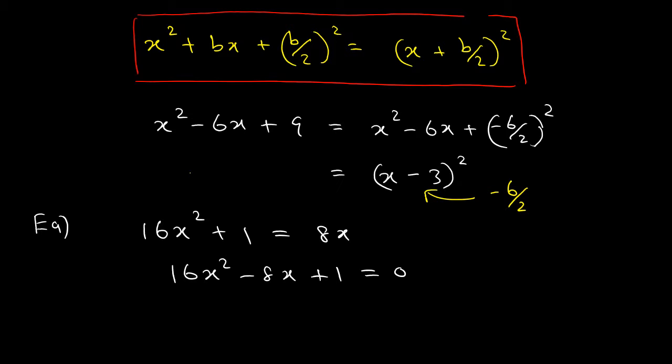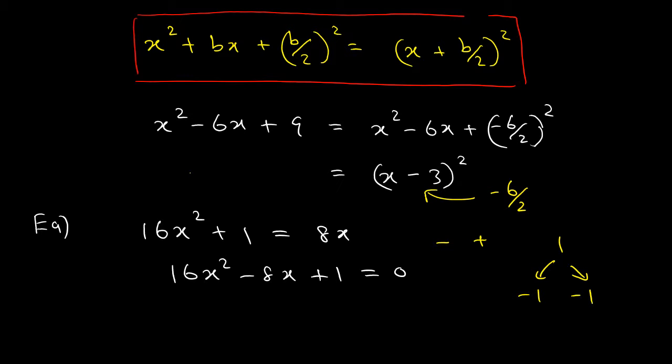And how to do this problem? I'm going to use the factoring of C only method. So we have 1, and you can see that this is a minus plus problem. Plus means both terms have the same sign, so the only possibility can be -1, -1.